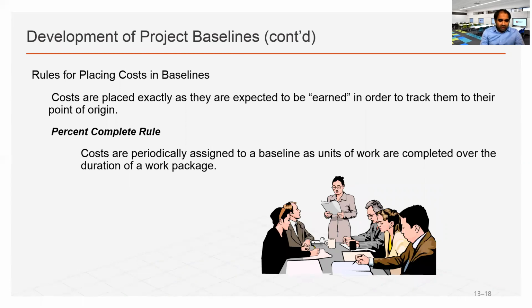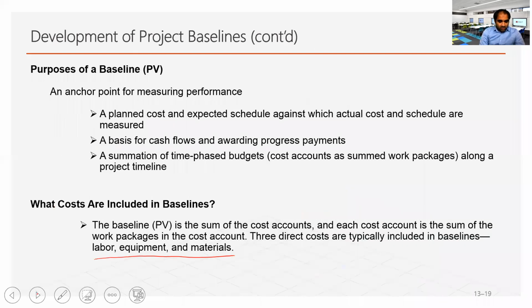In the development of the budget baseline, associated with each work package, costs are placed exactly as they are expected to be earned, in order to track them from their original point. Percent complete is what percentage of the task has been completed. We see the example here, and I should be able to explain it in more detail by giving you some examples.